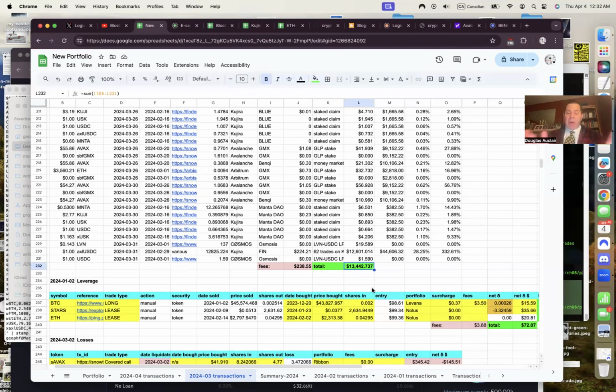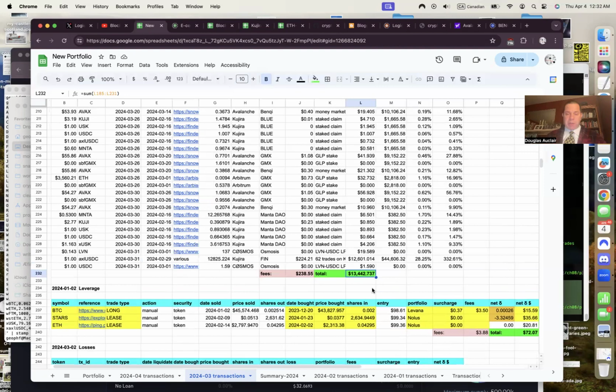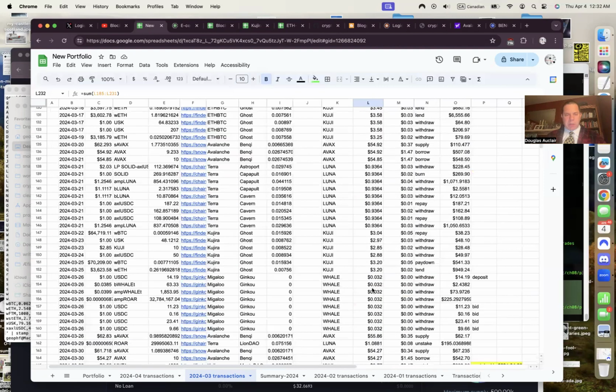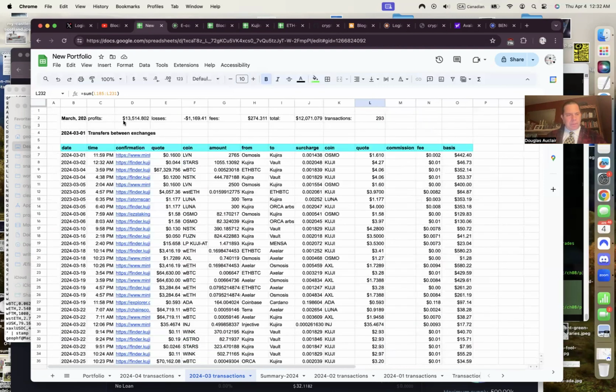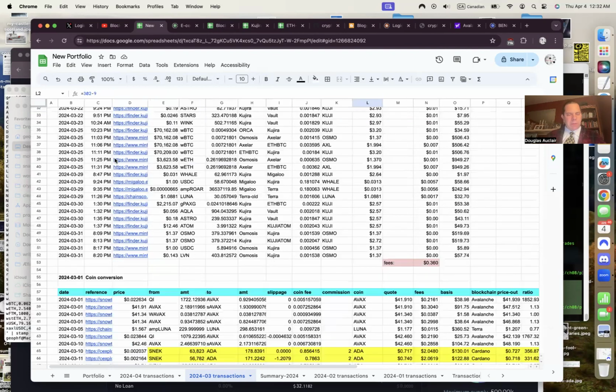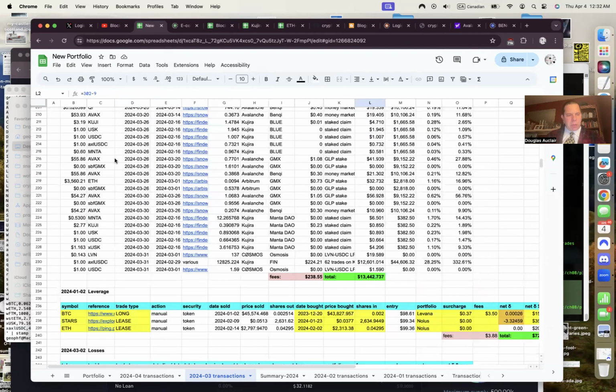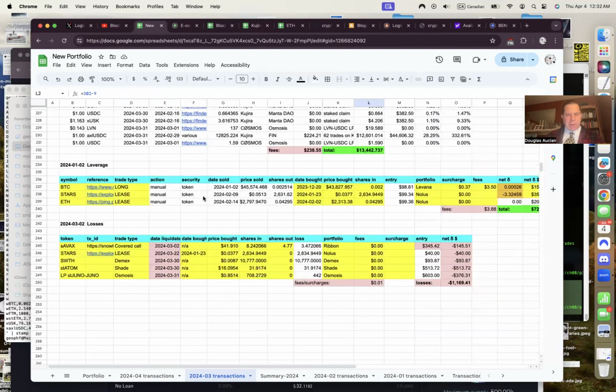Okay. And so now I have my Blockiverse report, which includes profits, losses, fees. So the total net profit was $12,000 for that prior month. Transactions, we went to line 249.